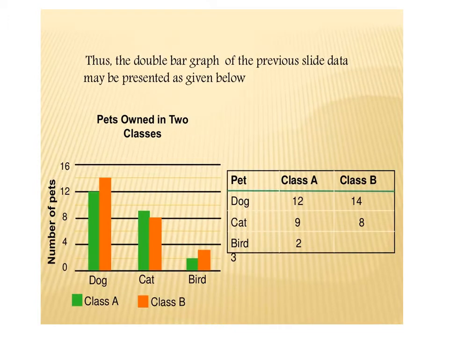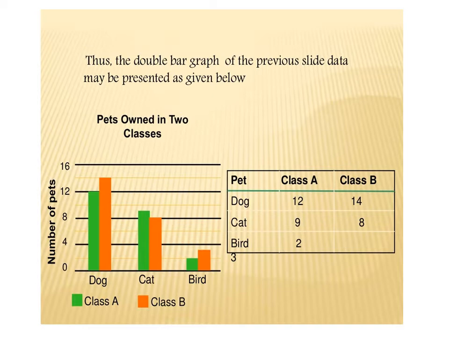As you see on the screen, the double bar graph of this data may be presented as in this slide. As you see, there are two colors of bars. One is green, which represents class A, and the other is orange, which represents class B. On the x-axis, which is our horizontal line, we take animals: dog, cat and bird, and along the y-axis, which is our vertical line, we take the number of pets.